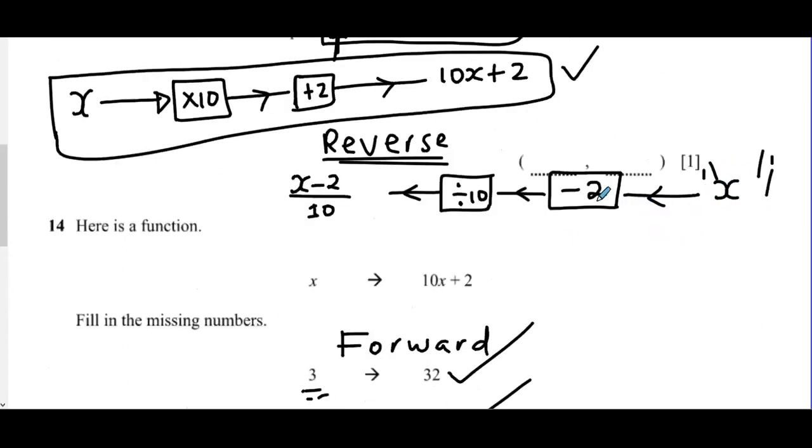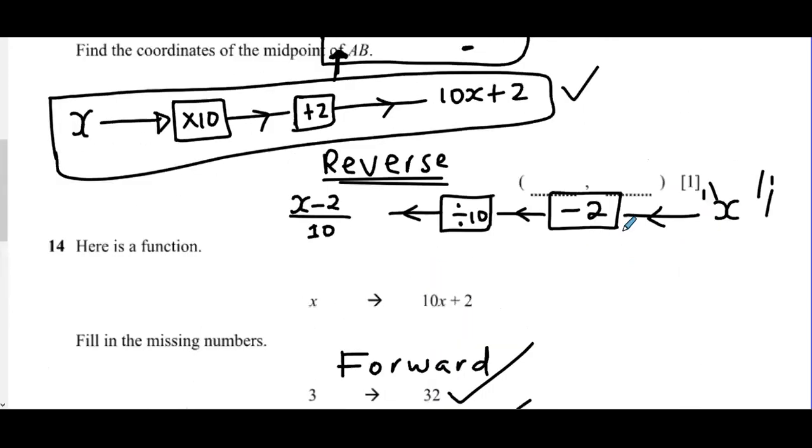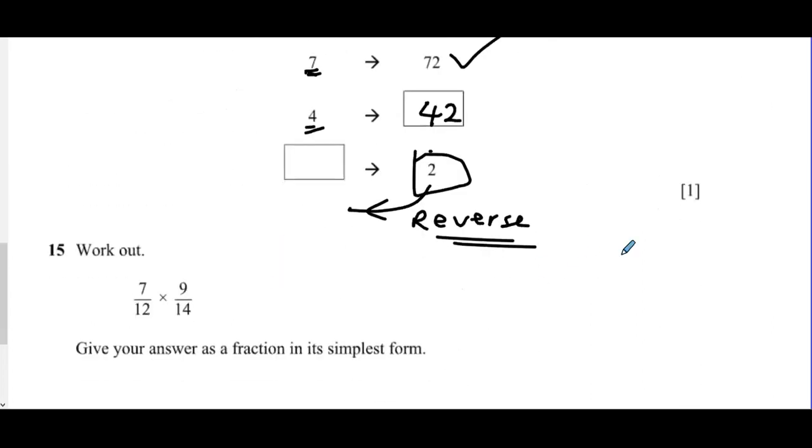Now 2 minus 2 is 0. 0 divided by 10, or 0 divided by any number except 0 itself, the answer is 0. So perform the reversed process: 2 minus 2 is 0, 0 divided by 10, the answer is 0. So here will be 0.